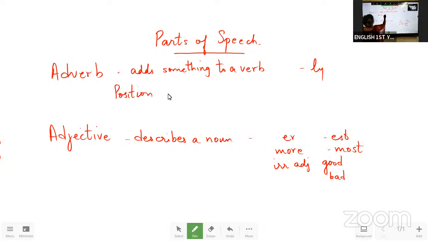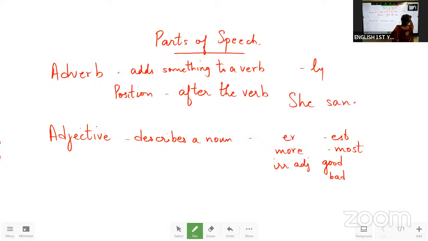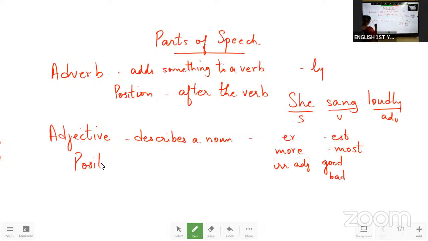But the best thing that you should remember is the position. The position of an adverb is after the verb. She sang loudly. Adverb, verb, subject. While for an adjective, the position is before a noun.